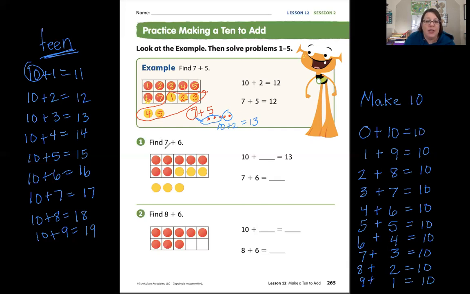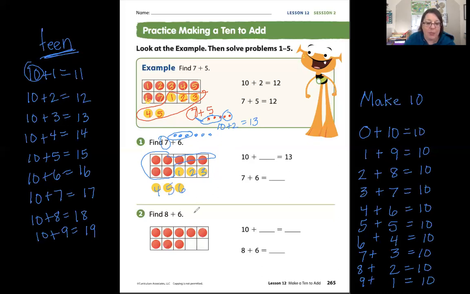So let's go down here. We have 7 plus 6, okay? Let's think about 7 because 7 is our greater number. 8, 9, 10. I'm going to borrow 3 from this 6, okay? Here I have 6: 1, 2, 3, 4, 5, 6.